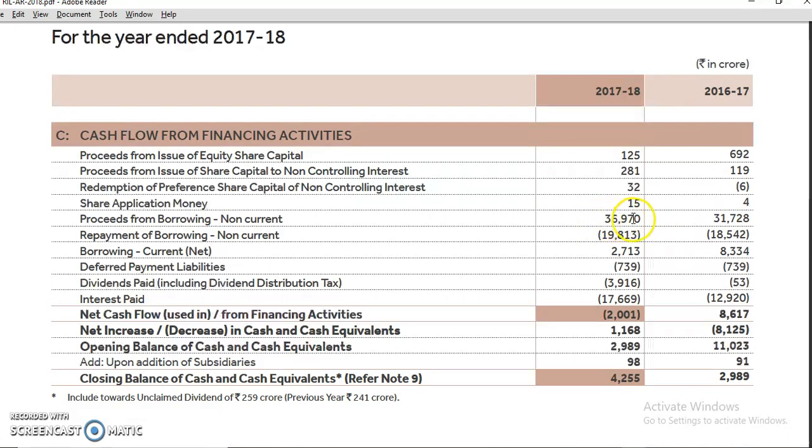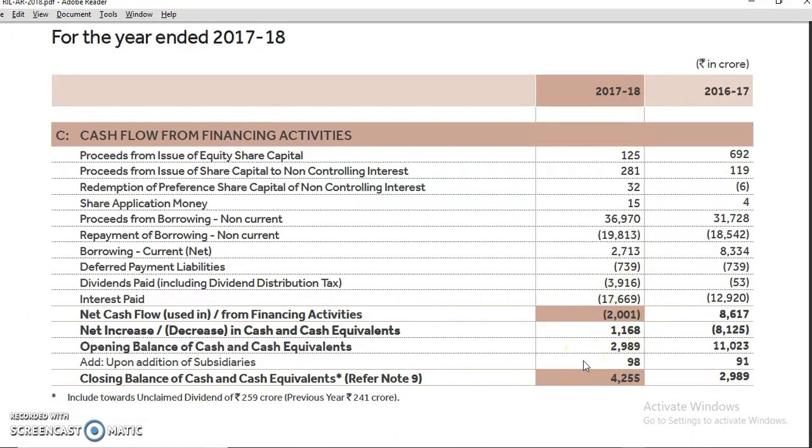So they take a loan and then they repay some loan, and then borrowings, current, how much is the increase in the current borrowings, and how much is the interest paid out of this cash. So in net, the cash actually is used in the financing activities primarily because of the interest, it looks like, right, and the dividend, $2,000.